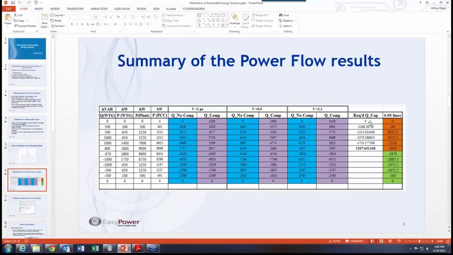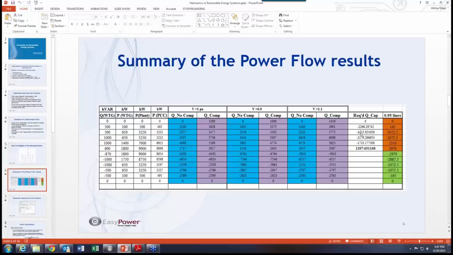Now there are some power factor requirements, and for those requirements, as you see, I created a column here. That column tells me how much reactive power I would need to generate, in fact. And here, as you see, a negative number, just to make the longest story short, which means that you already have some extra reactive power.